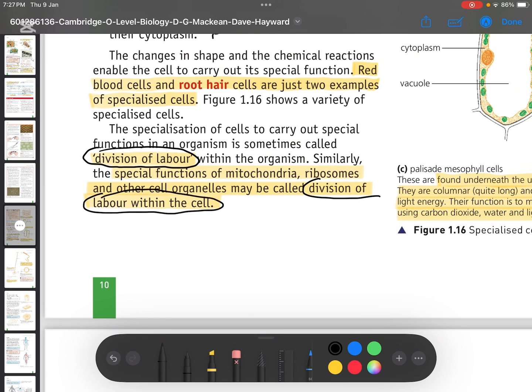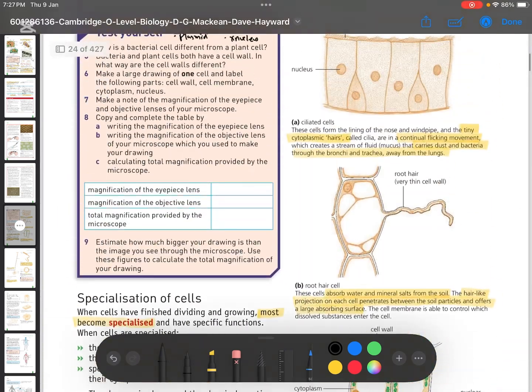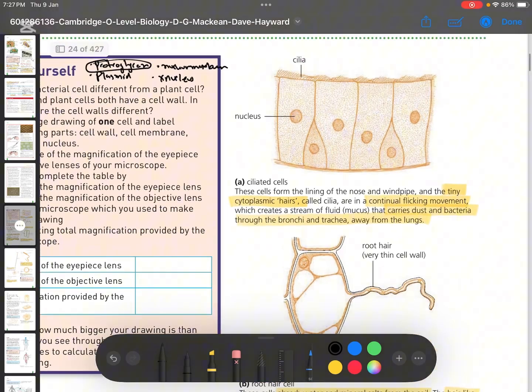So inside a cell, how the functions are divided, like mitochondria to produce energy, ribosomes for protein synthesis, and so on and so forth, nucleus for cell division. So even inside the cell there's division of labor. These are some really interesting terms that are present within our body.